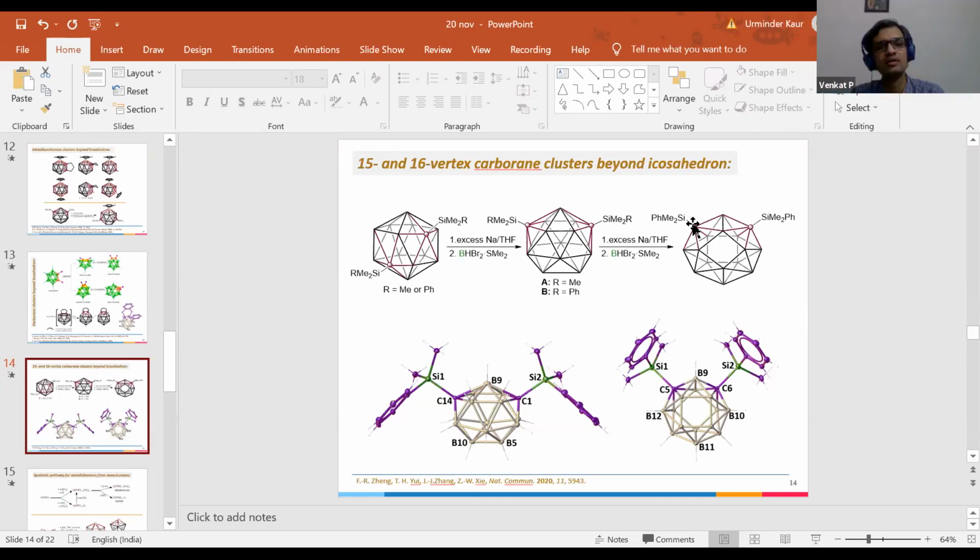What Venkat would like to know is the space inside, like in fullerene and those molecules, whether you can trap something or do some catalytic work, or maybe he has some special interest.